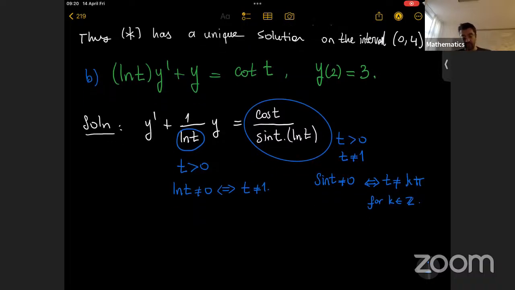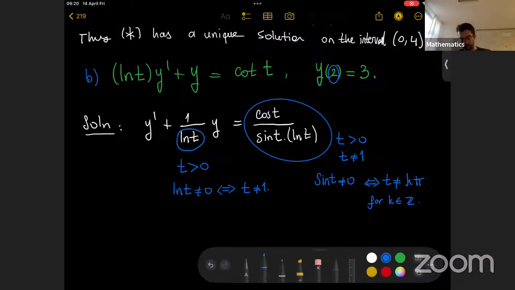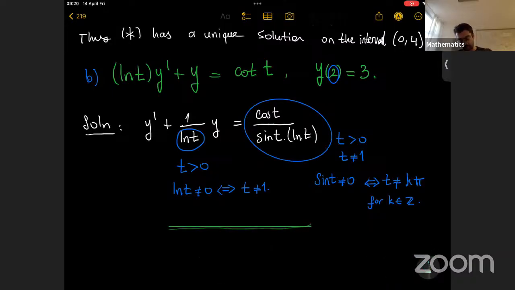An interval will contain the initial point, which is 2. So we will have such a picture. 2 is here. So we will find an interval which contains 2 and which avoids all these restrictions. So t must be positive.